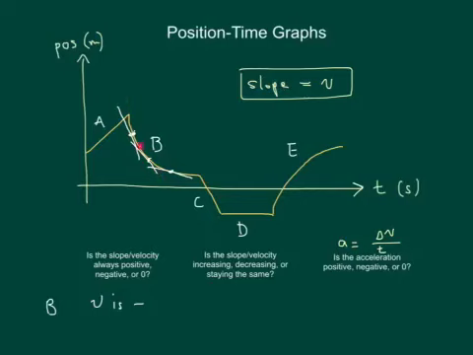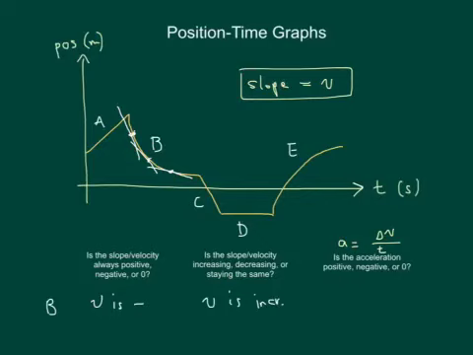This one is less steep, so negative 15 maybe. This is less steep still, negative 10. Whenever the slopes get less negative, we have an increase in slope. So right here, the slope is increasing, except instead of writing slope, we're going to write velocity is increasing.